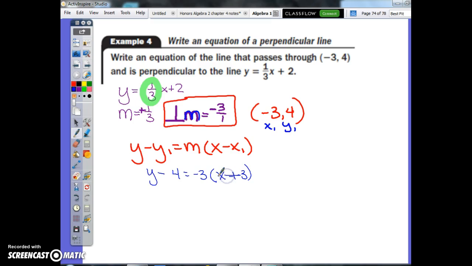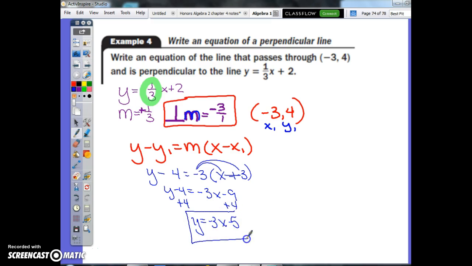This is turned into plus 2 negatives. So y minus 4, we're going to distribute negative 3x minus 9, because negative 3 times x is negative 3x, negative 3 times a positive 3 is negative 9. I'm going to add my 4, I'm going to get y equals a negative 3x minus 5. That's where I want you to stop. Again, we are going to graph in the next couple of days.